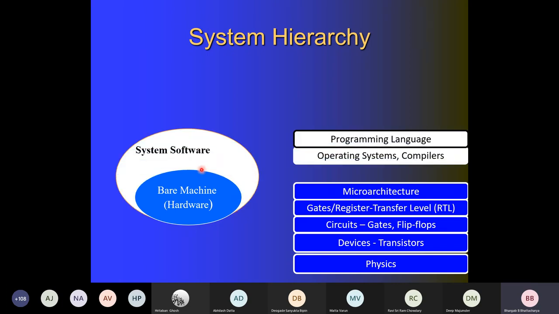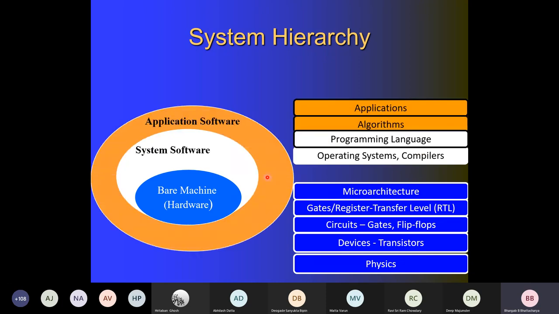And the software engineers have the task of building the system software, which may be compilers, operating systems, other programming languages, and obviously beyond that you have application software, like algorithms. For example, you want to run your sorting algorithm, so you need to think of algorithms and different applications and so on.